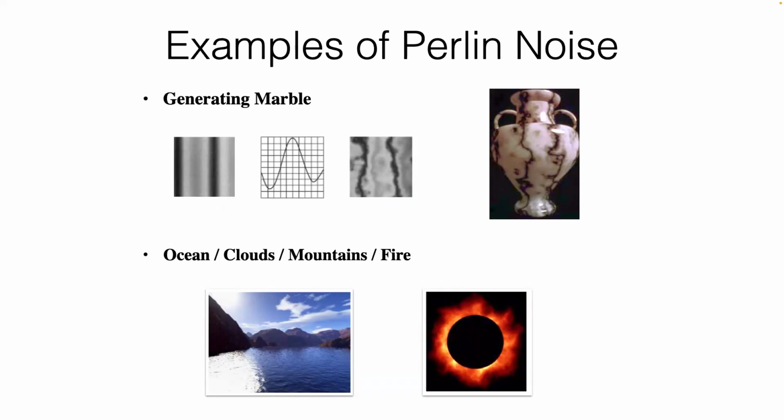And so, for instance, to generate marble, you take this noise in 1 dimension, and then you take this modulation, and the result is this marble base with the veins and things like that. Here I'm giving a 2D example, but this is a 3D material. So it's defined in 3D space, and this is an object that takes the values from this texture. And similarly for ocean, clouds, mountains, fire, because it's very good to model fuzzy things, right?